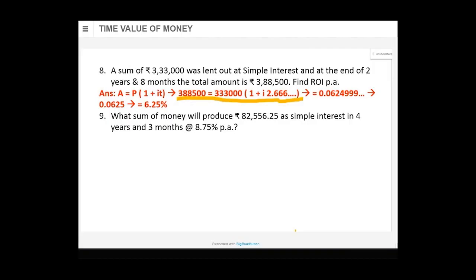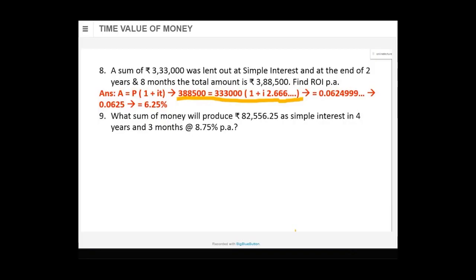What sum of money will produce 82,556.25 as simple interest in 4 years and 3 months at the rate of 8.75% per annum. 82,556.25 is what?